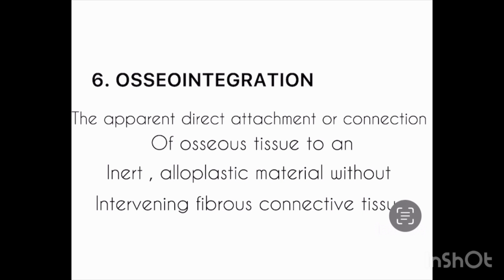So here is the definition: the apparent direct attachment or connection of osseous tissue, that is the bony tissue, to an inert alloplastic material, which is the implant which we are inserting, without intervening fibrous connective tissue. So fibrous connective tissue should not intervene, because osseointegration will not occur in a proper way if there is fibrous connective tissue in between. It should directly attach to the bone.